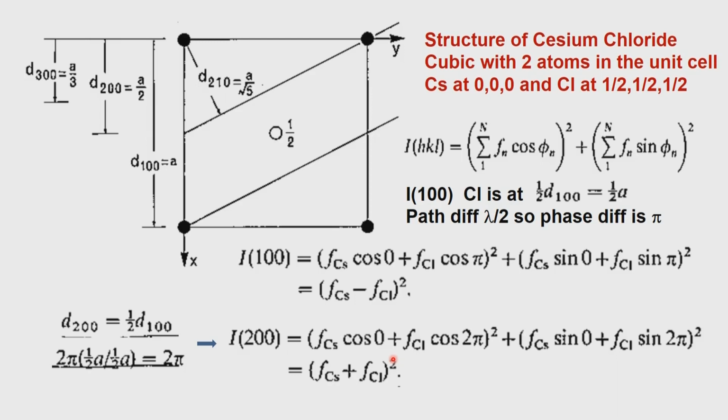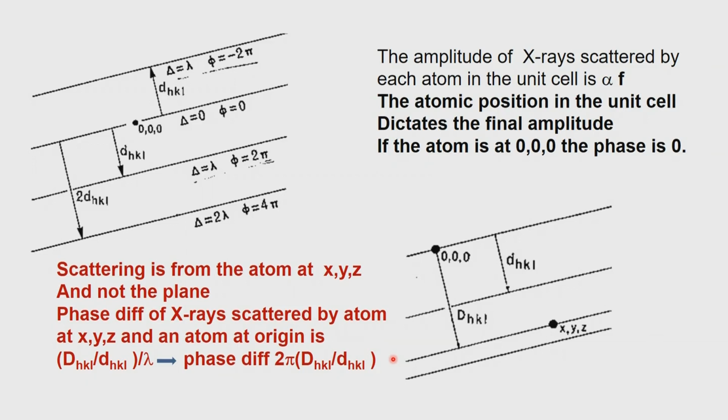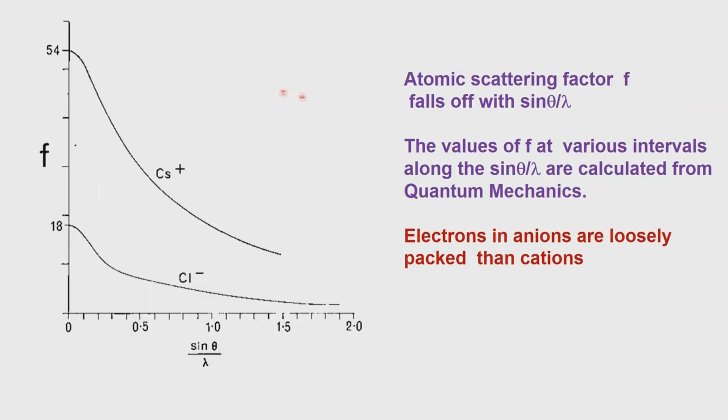So, the atomic scattering factor that contributes to this particular structure will come from the ionic species cesium plus and the ionic species chlorine minus, and that is why we drew the curve earlier on of f versus sin theta by lambda. Let me take it back to you. So, this is the curve which we have, one for the cesium plus, the other for the chlorine minus.